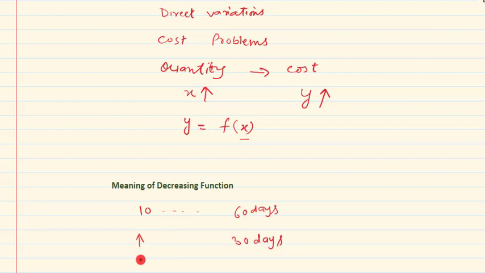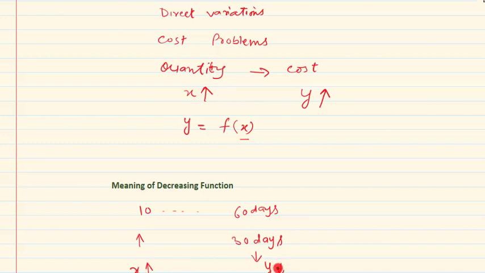What is happening over here? With the increase in the number of workers, the number of days is decreasing. So clearly it is inverse variation. Here, if we consider the number of workers as variable x and days as variable y, we are observing that with the increase in x, the value of y is decreasing.